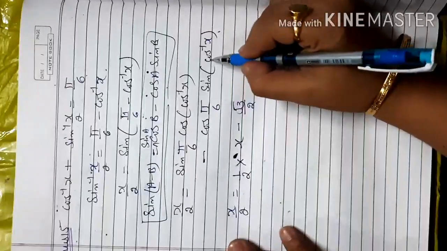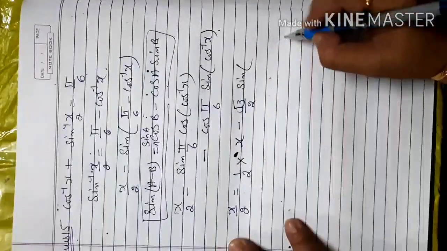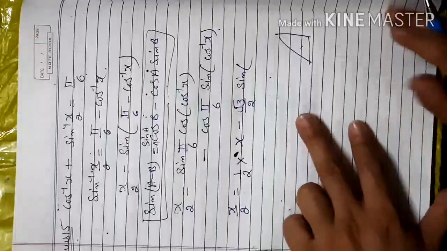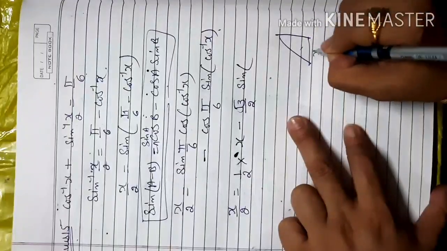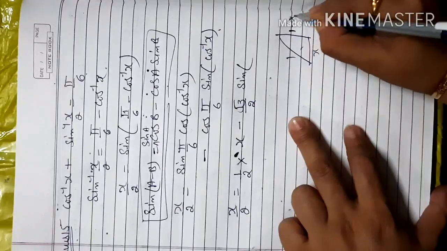Now here this cos inverse I change into sine inverse. So if we go with the right angle triangle again, cos inverse is based upon hypotenuse. So that gives me root of 1 minus x square.